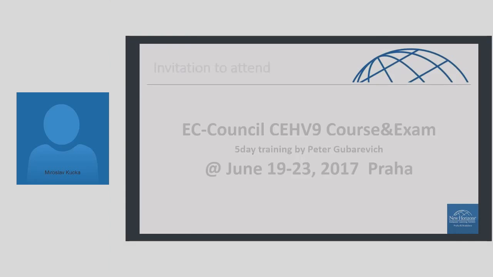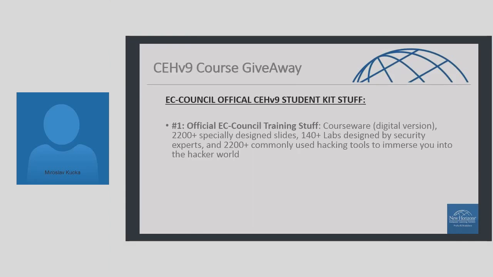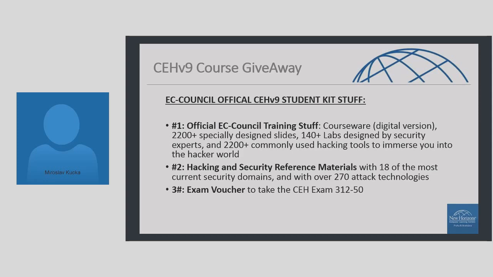What we are providing: it is an official EC-Council session, so there is a standard official CEH student kit. Number one, it is official training courseware, specially designed slides, more than 2,000 slides, more than 140 labs, and more than 2,200 hacking tools.